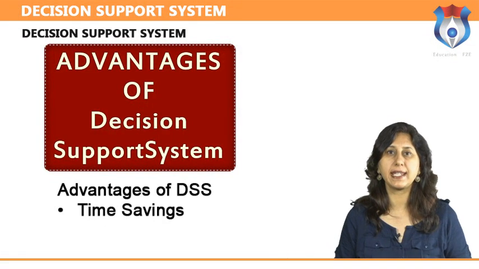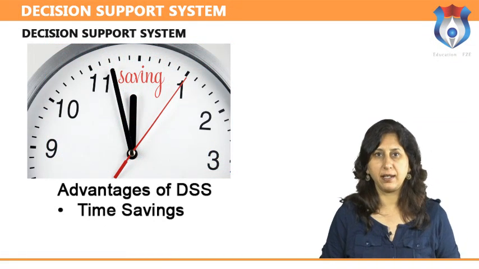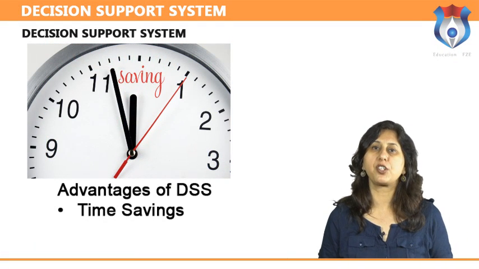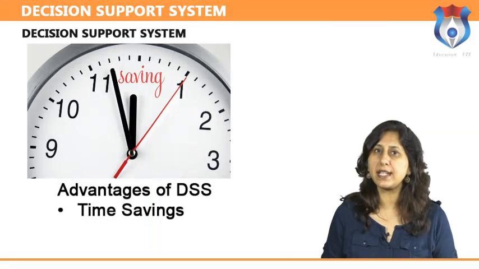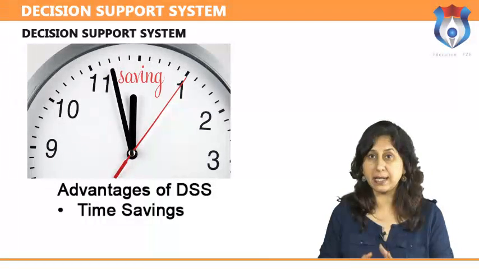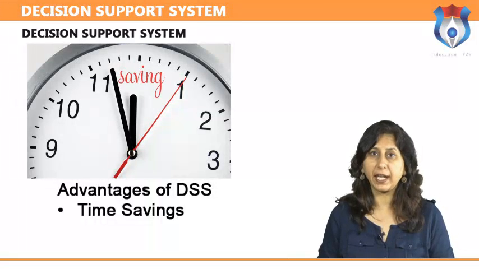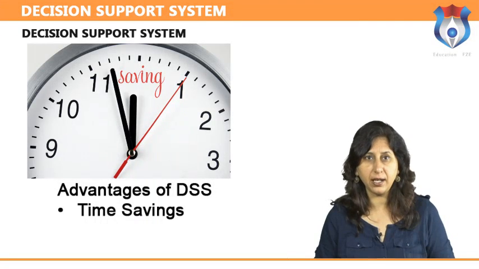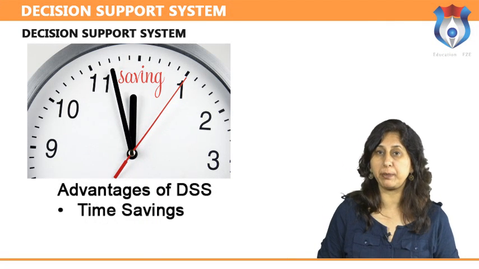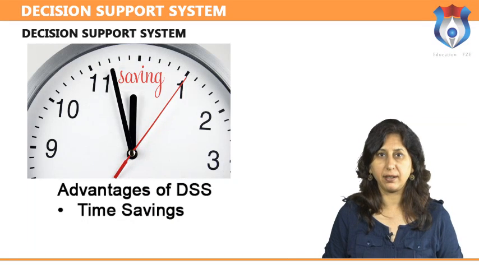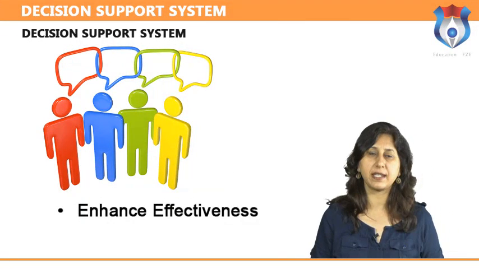Advantages of DSS: time savings. For all categories of decision support systems, research has demonstrated and substantiated reduced decision cycle time, increased employee productivity, and more timely information for decision making. Enhance effectiveness.